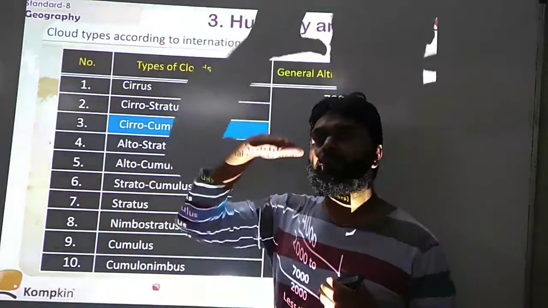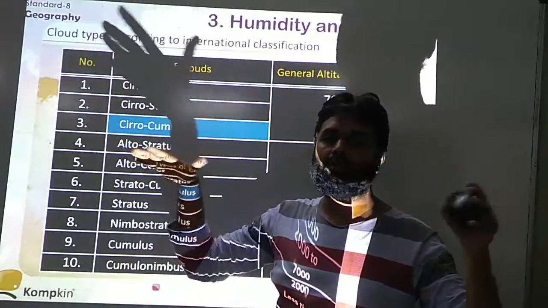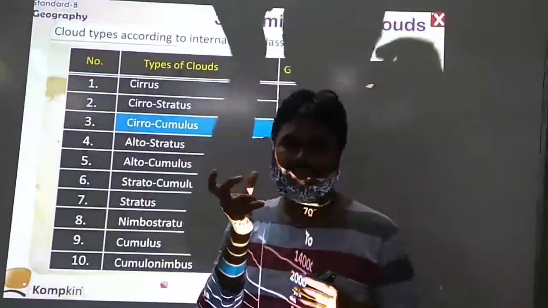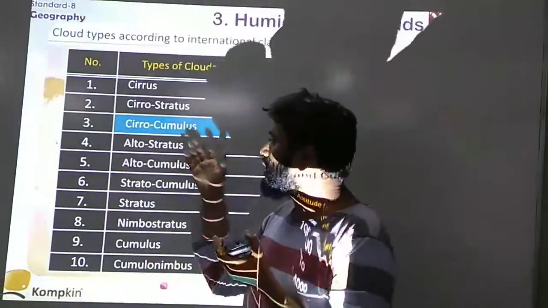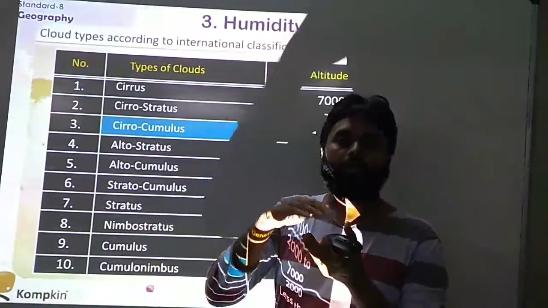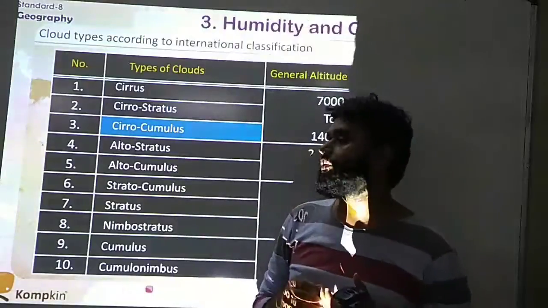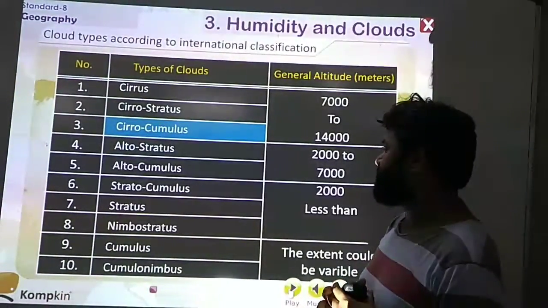So whenever we see a flat small cloud high in the sky, that is the cirrostratus. Cumulus means something round in shape. So it is a small layer of cloud, a little bit thicker, much higher. That is the cirrocumulus.